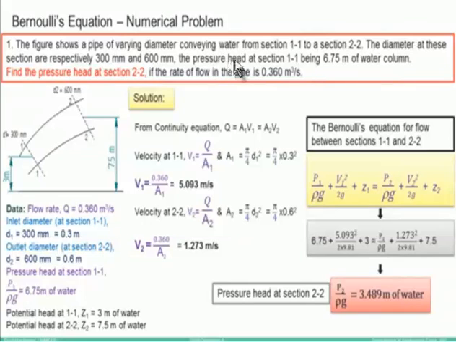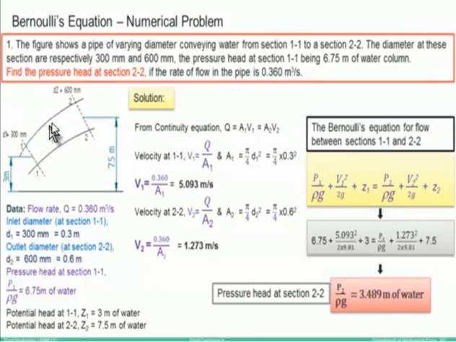The pressure at section 1 being 6.75 meter of water column. Find the pressure head at section 2 if the rate of flow in the pipe is 0.360 meter cube per second. So this is the statement of the problem, and along with this statement he has already given the figure.